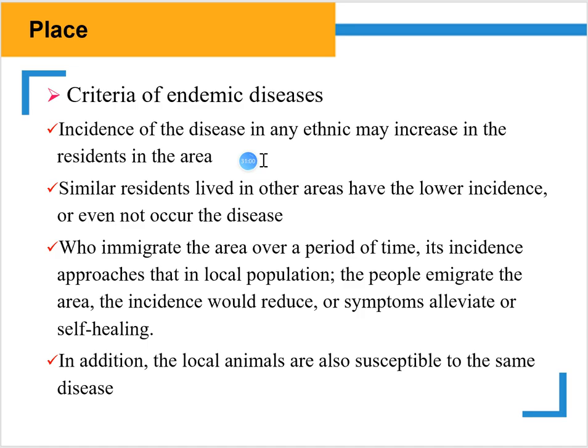There are 4 criteria of endemic diseases. First, the incidence of the disease in any ethnic group may increase among the residents in the area. Second, similar residents living in other areas have a lower incidence, or the disease does not occur at all. Third, for those who immigrate to the area, over a period of time their incidence approaches that in the local population.